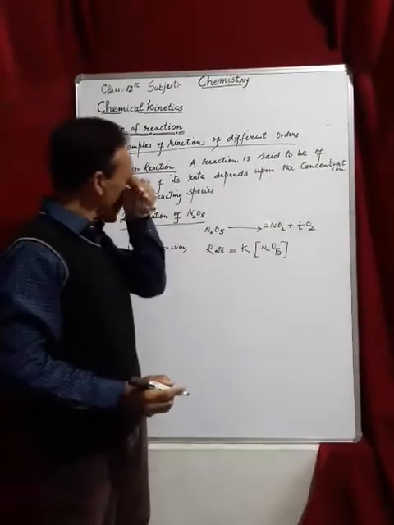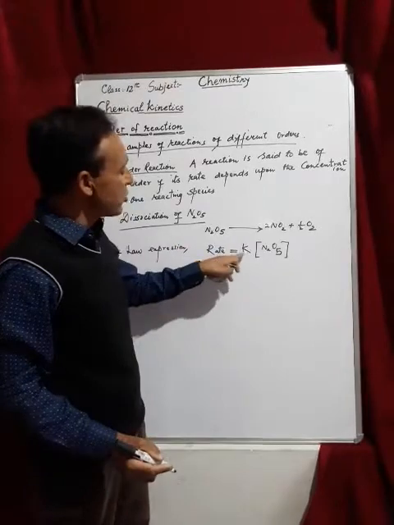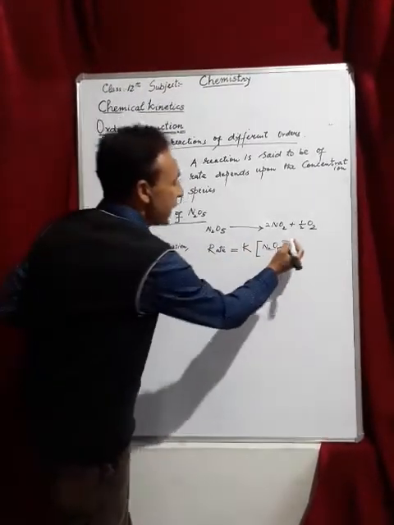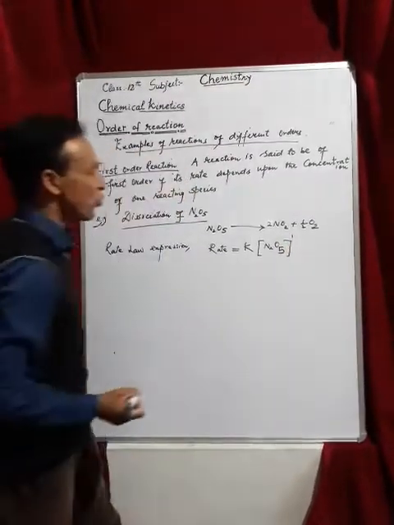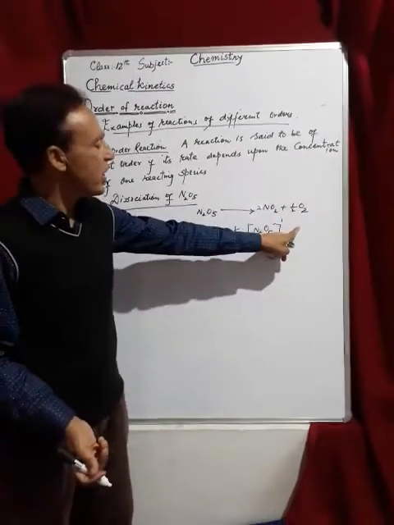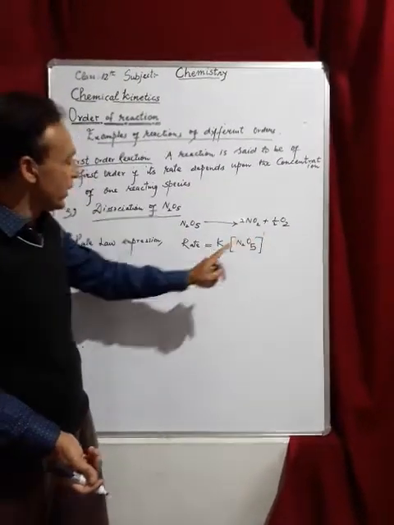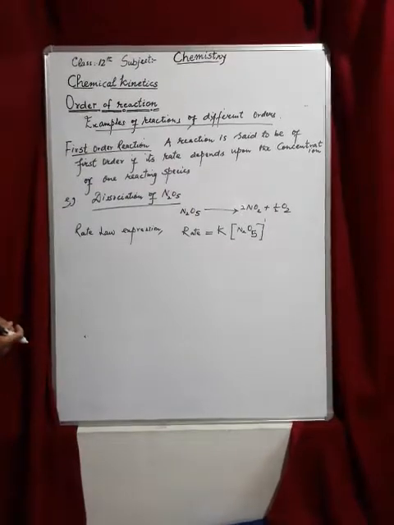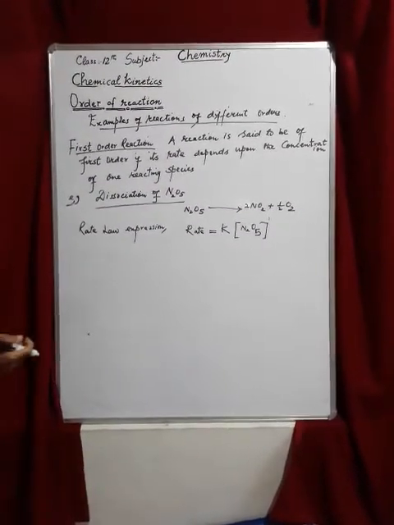Here we have only one reacting species, that is N2O5. Here on the power, when we do not write anything, that means it is 1. So this is the value of alpha plus beta. Beta is here 0 because there is only one reacting species, so alpha is 1. So alpha plus beta is equal to 1. Therefore it is an example of a first order reaction.